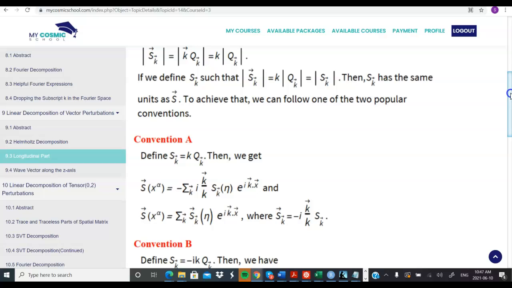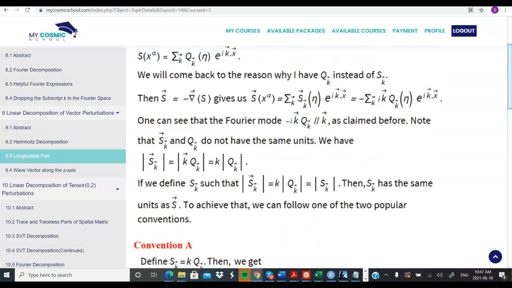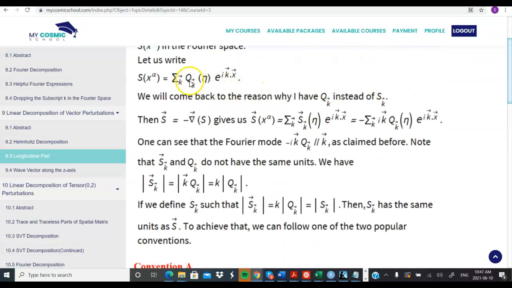And what is scalar sk? Scalar sk is nothing but k times this. So what is qk? You can also say that qk is scalar sk over k, if you like. If you like, you can say, okay, the Fourier amplitude of this Fourier wave is sk over k.